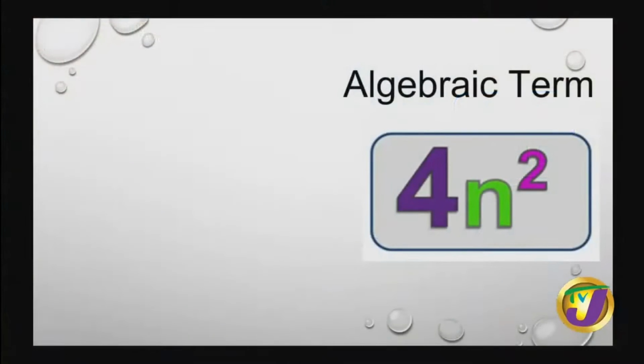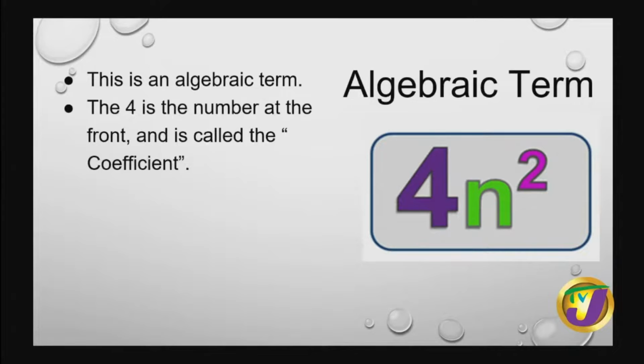Now we have 4n squared. Let's look at what each part of this algebraic term means. So we know this is an algebraic term. What does the 4 mean? The 4 is a number at the front and it's called the coefficient. Remember that.